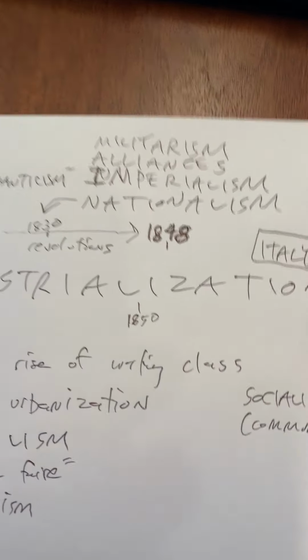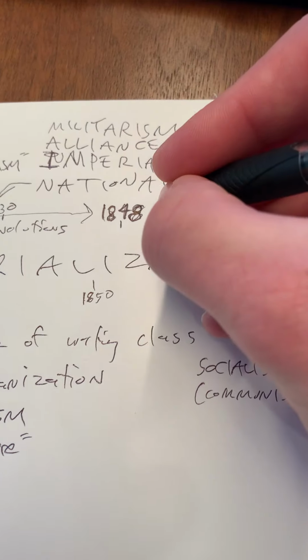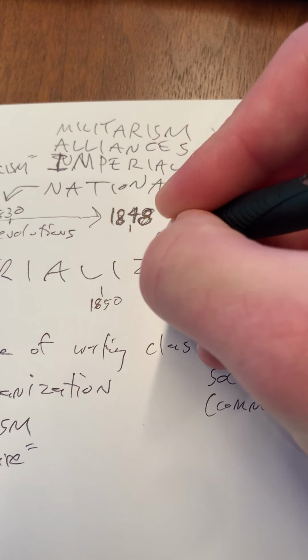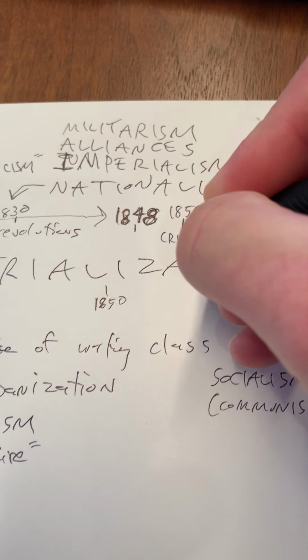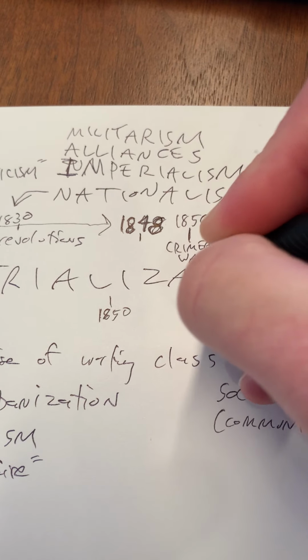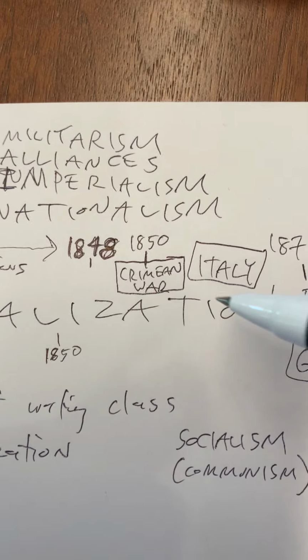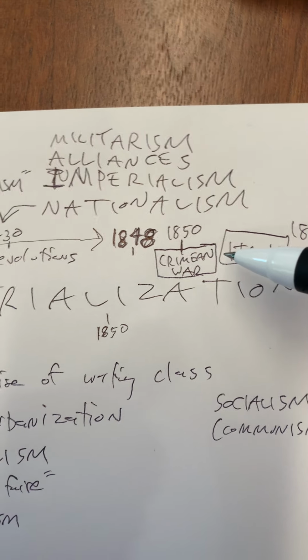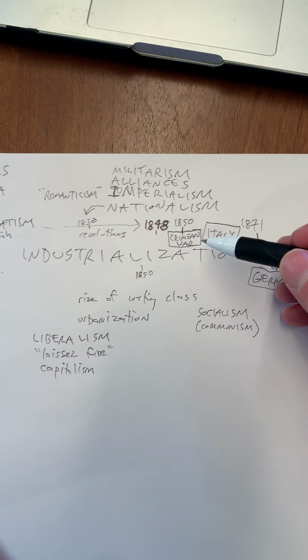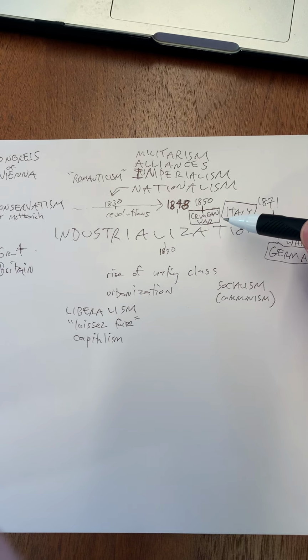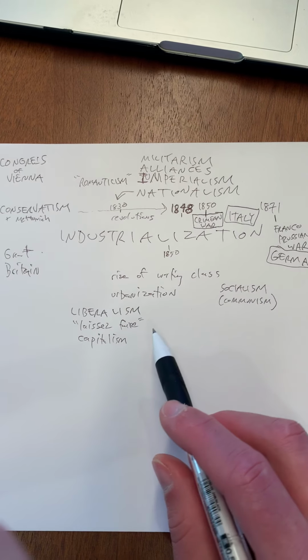The other major event in 1850 is the Crimean War, which is when the Congress of Vienna and the balance of power is broken. Russia invades the Crimea, south into the Ottoman Empire, and other nations oppose it.